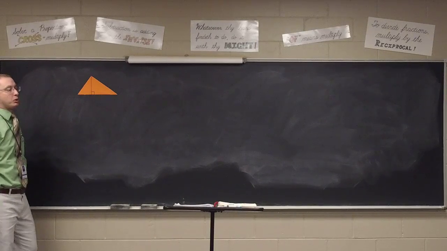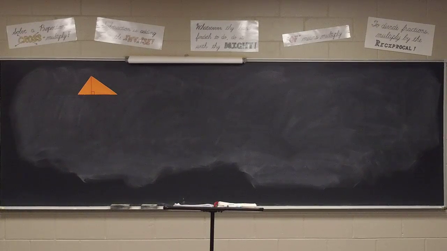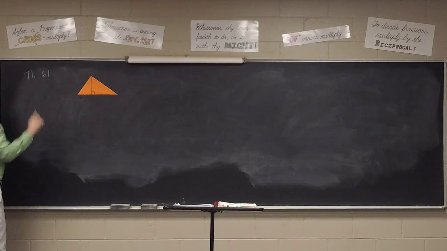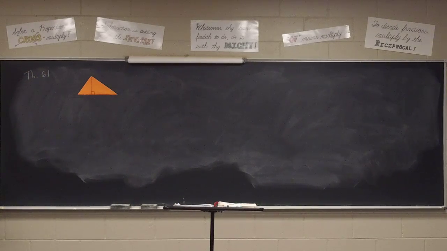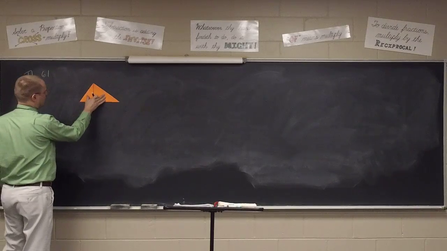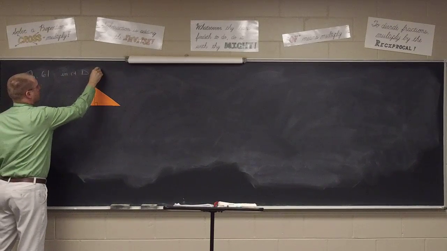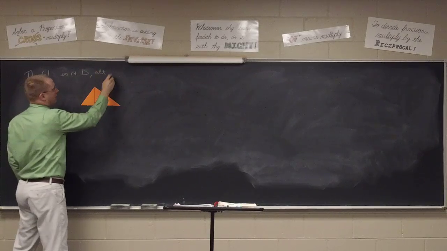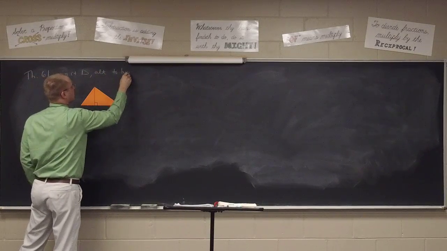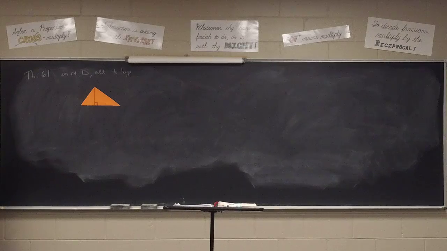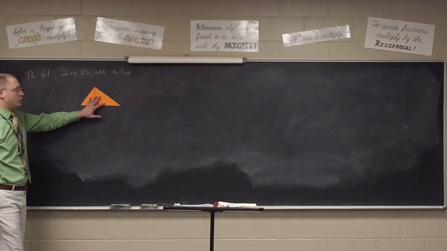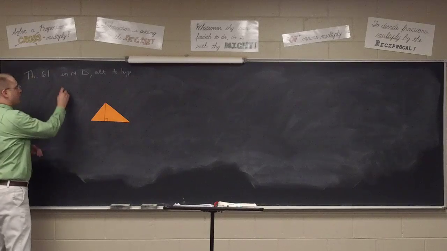Turn to the proofs of theorems and corollaries section. New sheet of paper in the proofs of theorems and corollaries section, at the top of the page, Theorem 61. In right triangle, altitude to hypotenuse.